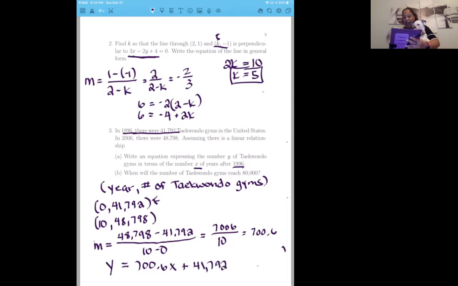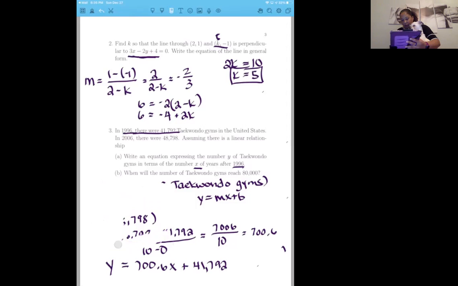Now, if you didn't recognize that that was your y-intercept, you could have still plugged into y equals mx plus b. You could have just used either of those points, but it would have been easier to use the first point because I could have plugged in 0 for x, right? And that's just going to give me my b value as my y value, which was 41,792. Okay, so here's our equation.